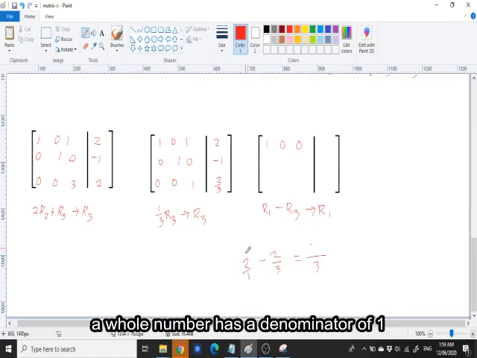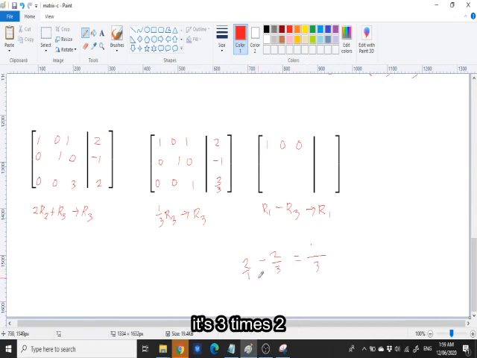Of course the whole number has a denominator of 1. 3 divided by 1 is 3 times 2 is 6, which makes sense because 6 divided by 3 is 2. And then copy. 6 minus 2 is 4/3. So 4/3. Then copy the rest. 0, 1, 0, negative 1, 0, 0, 1, and 2/3.